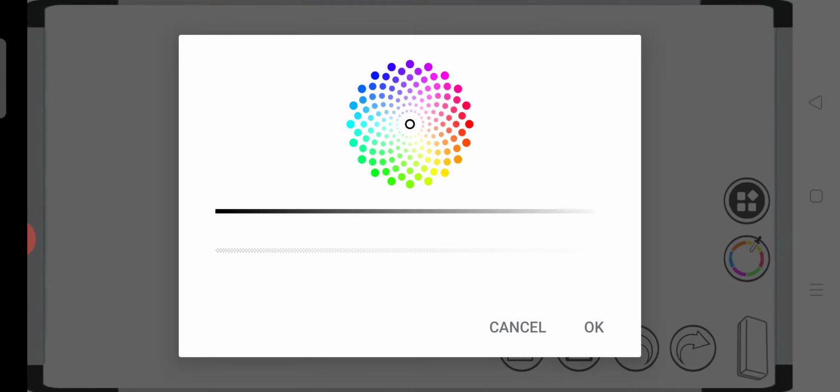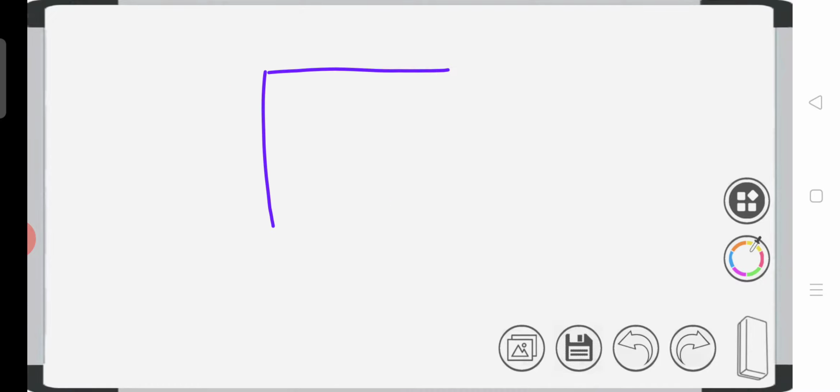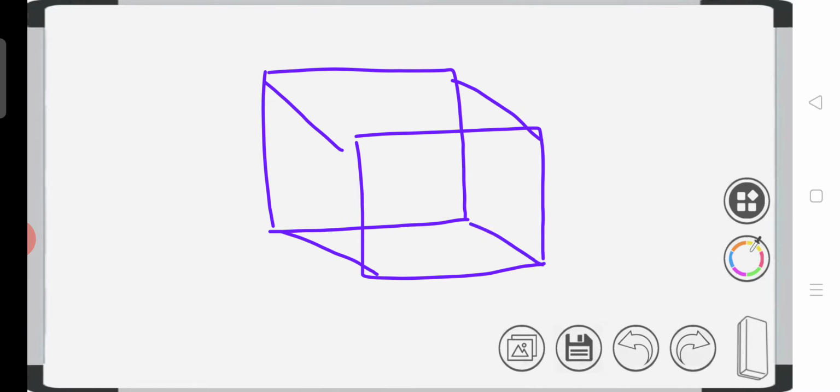Now, let us understand what are the faces, edges and vertices of 3D shapes. So here you can see this is the figure of a cuboid. Let us understand here faces, vertices and edges.